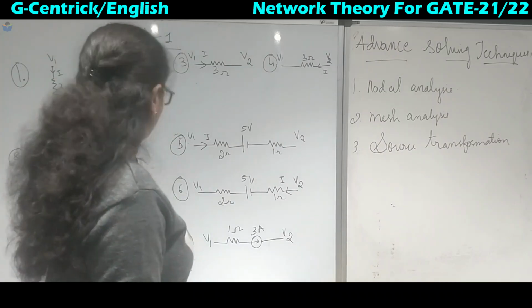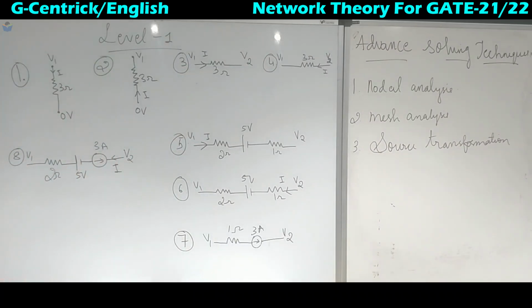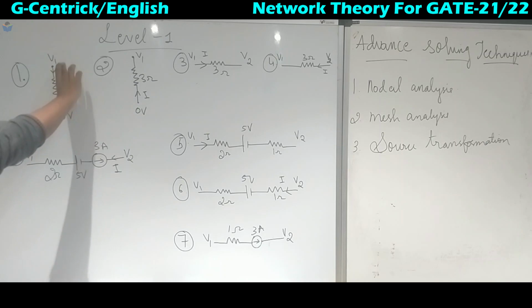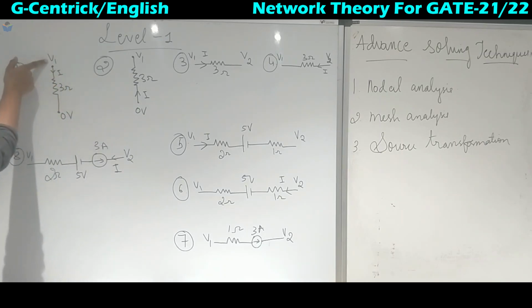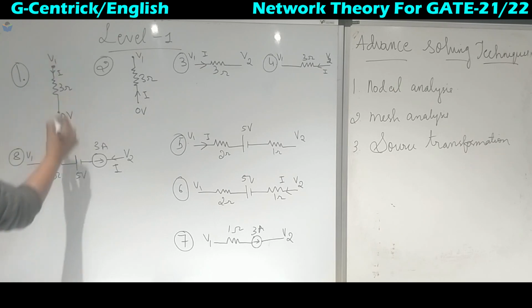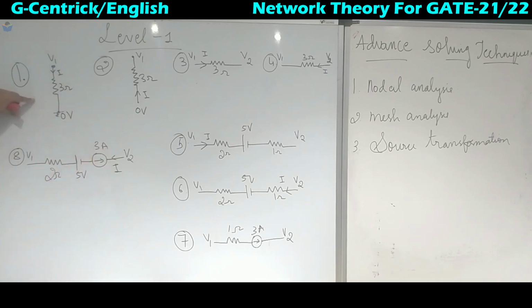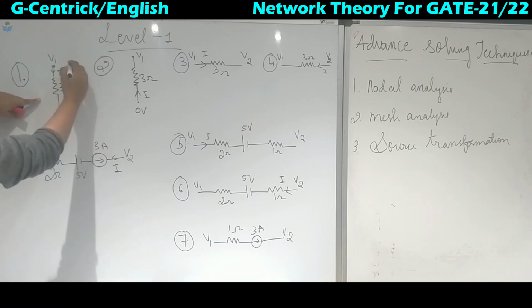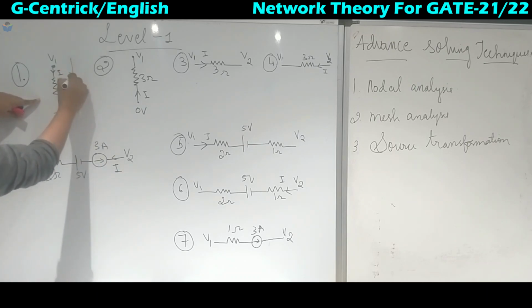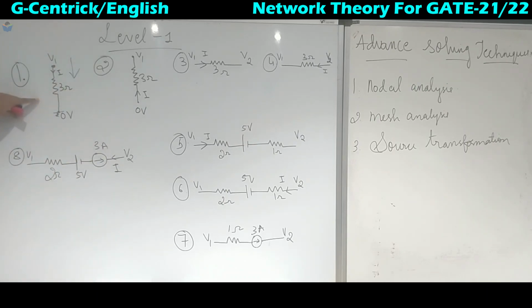Coming to the first one, you see that here is a node voltage V1, because here is one node, and this is the 0 volt node. When it is 0 volt, it is nothing but grounded. Whenever you are calculating, the current flows from higher potential to lower potential.